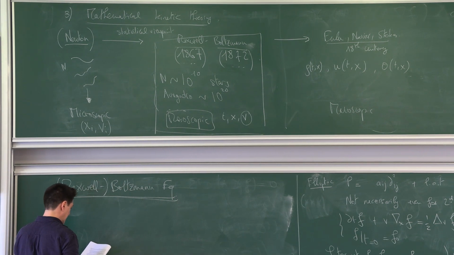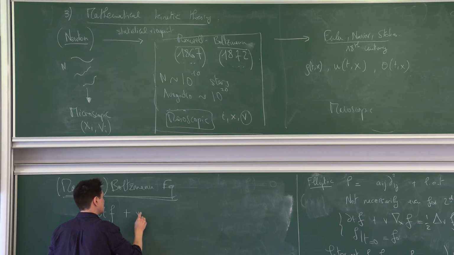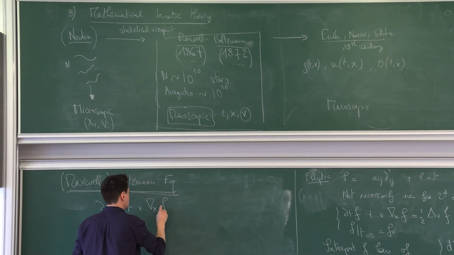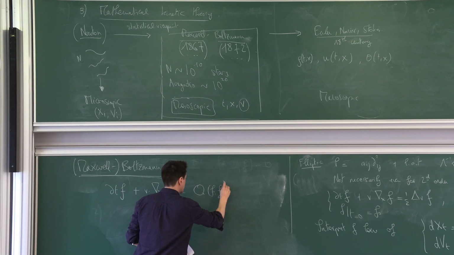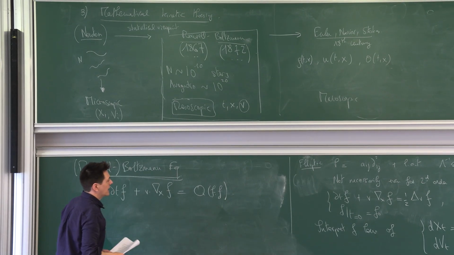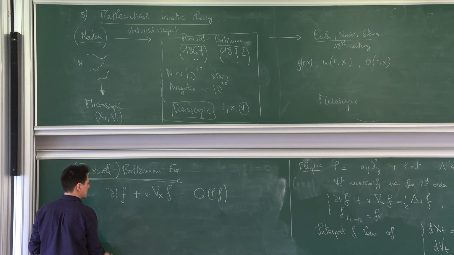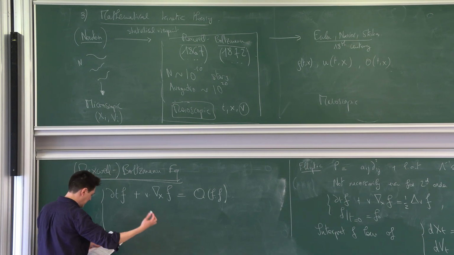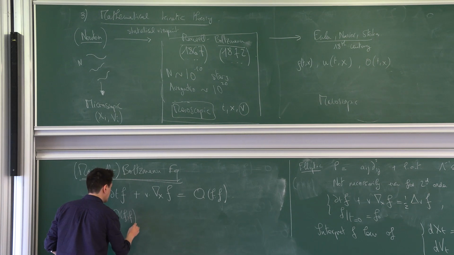So that equation writes like that: dtf plus v grad xf is equal to Q of ff. And now, let me explain the equation, and then I will explain the transfer we are going to do from the De Giorgi-Moser theory to this field.